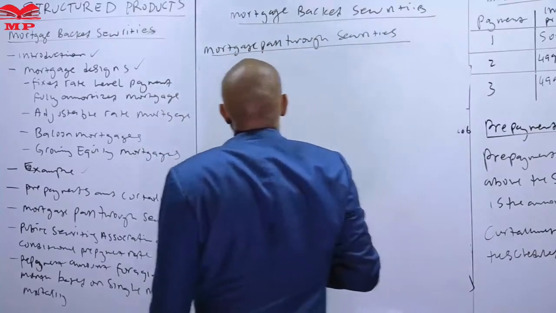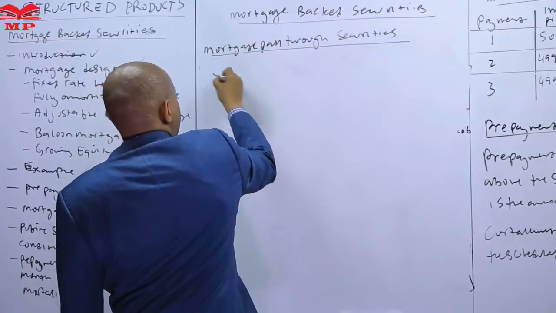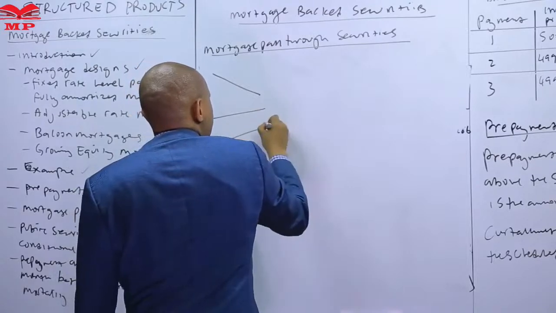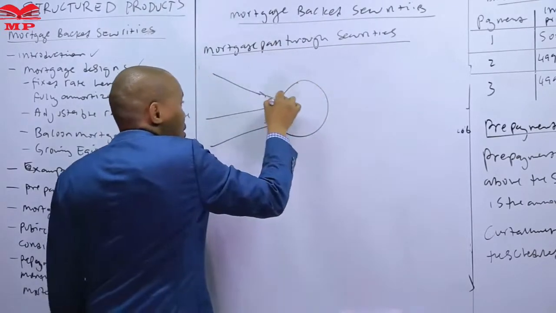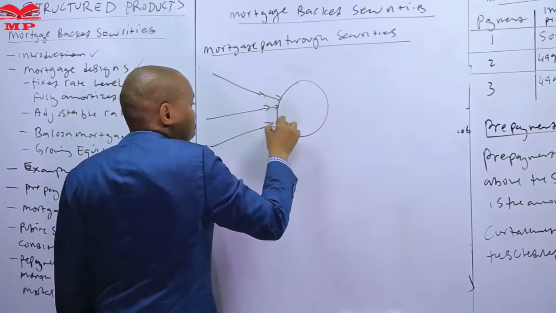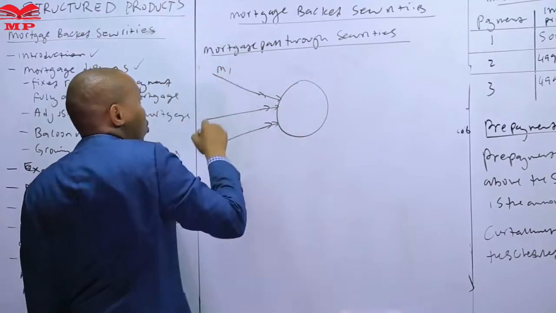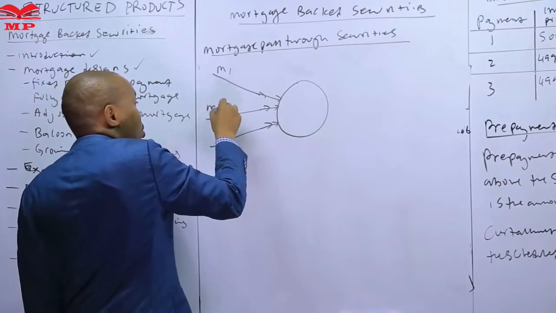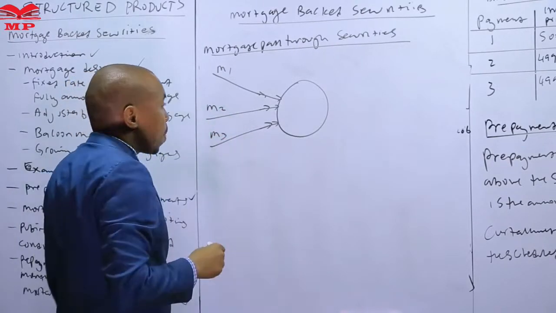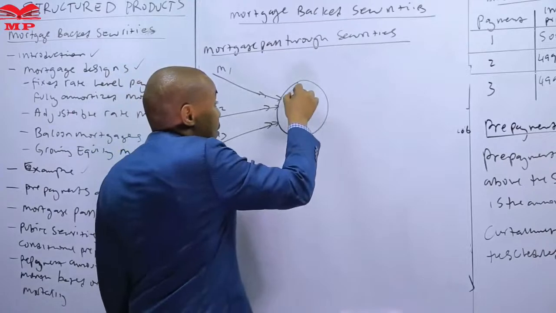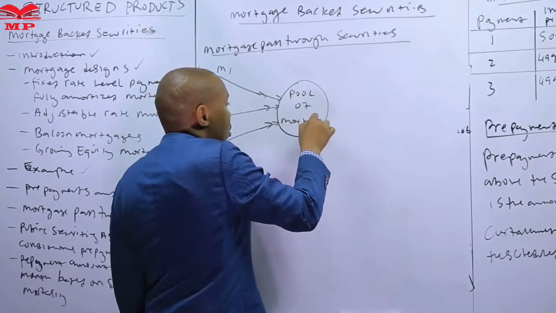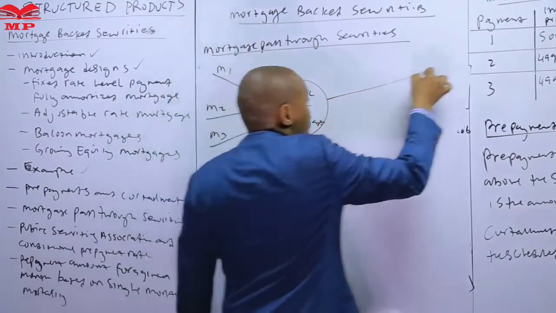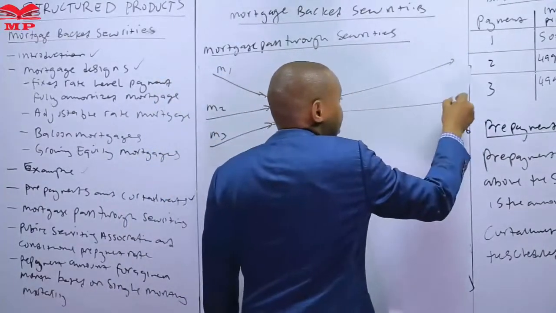Mortgage pass-through securities: if you have mortgages that have been pooled, this represents mortgage 1, mortgage 2, mortgage 3. What happens is that this pool of mortgages now will be securitized.